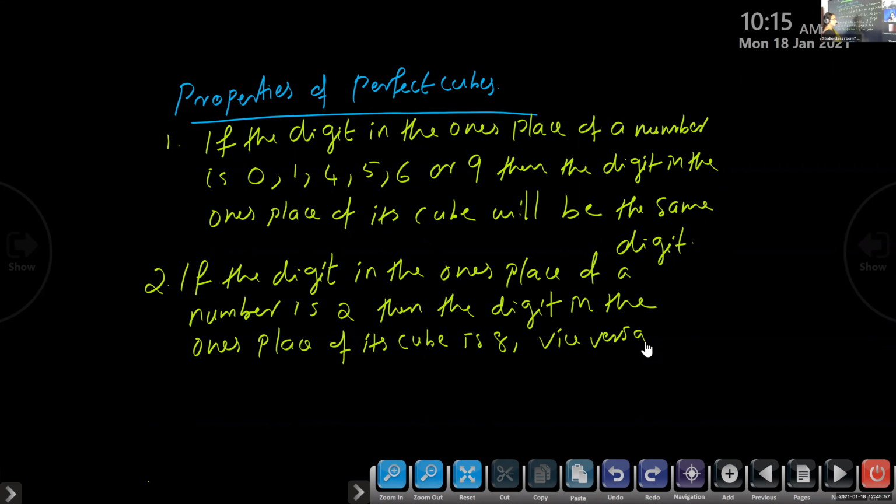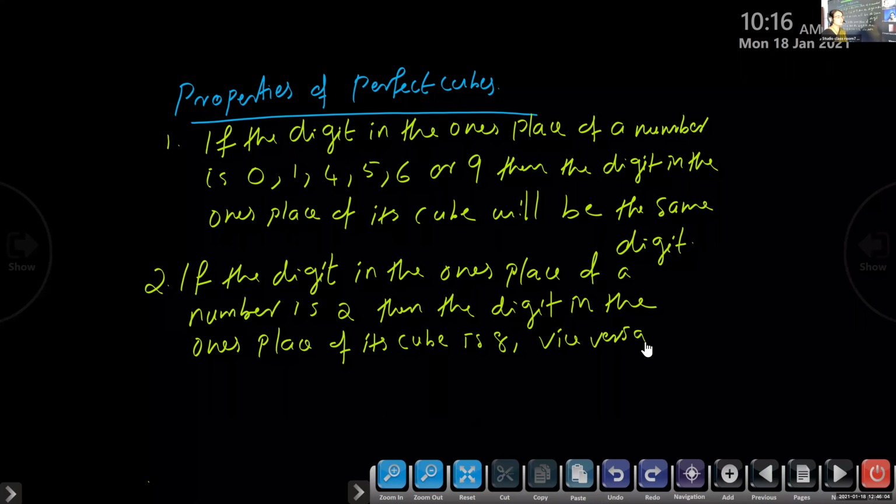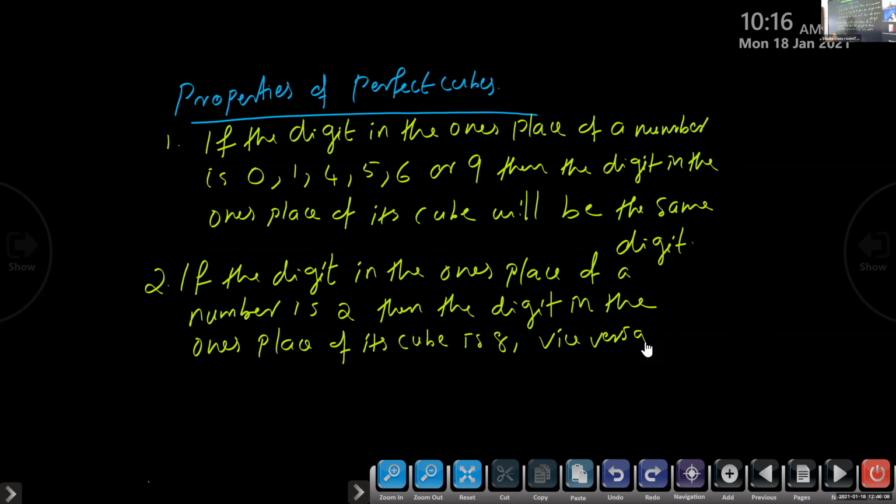Vice versa means if a number ends with 8, its cube ends with 2. If a number ends with 2, its cube ends with 8. I will explain this; we will see some examples of this type.